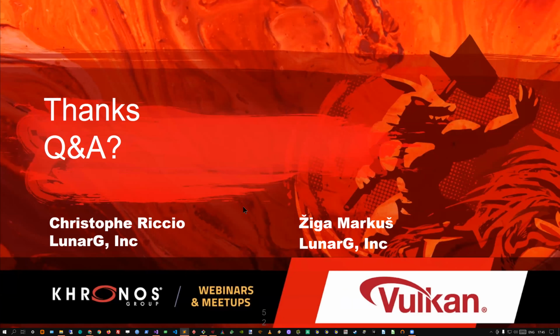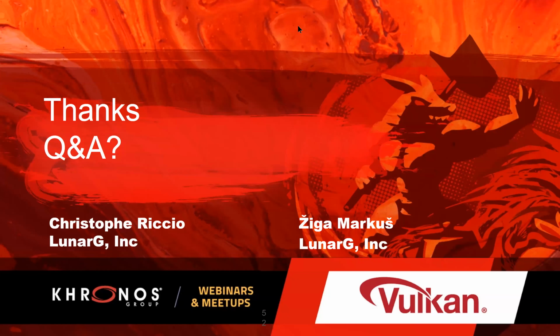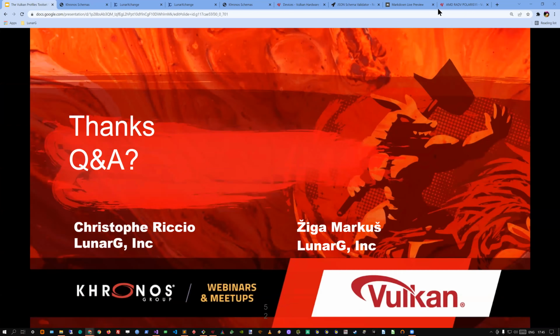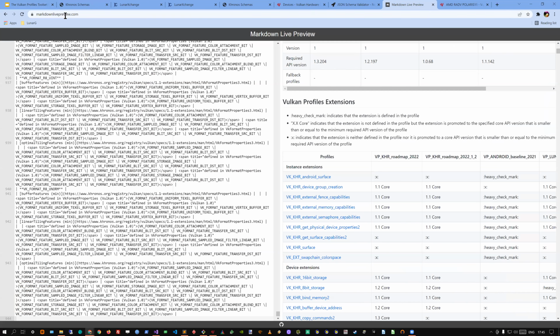If we go on the LunarG SDK website, we generate an HTML file for the Markdown, but the tool I used, it was pretty random, I must say. I just Googled it, and it's called Markdown Live Preview, but there are plenty. If you go on Google and search for Markdown Online, you can find them.